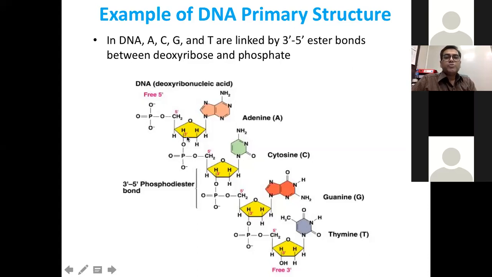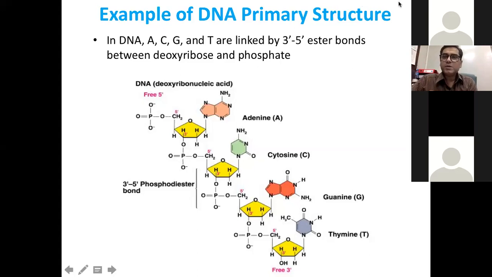At the 3 prime carbon of the sugar, and the next nucleotide is attached on the 5 prime carbon of the pentose sugar. So that means in between 2 nucleotides, the phosphodiester bond is formed in a direction of 3 prime to 5 prime.